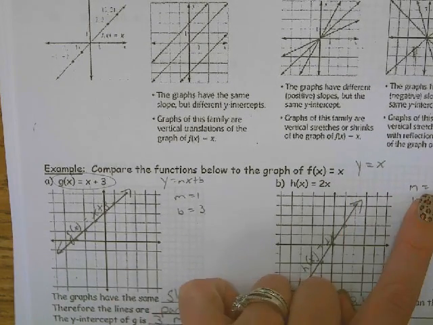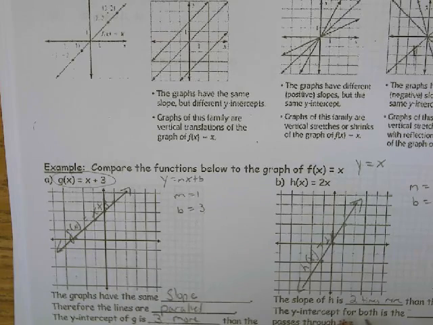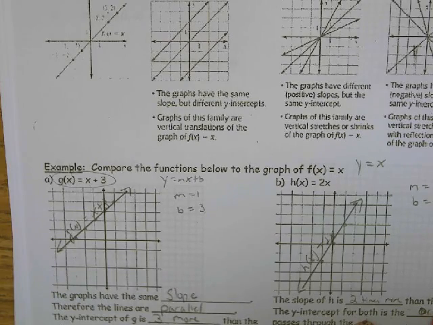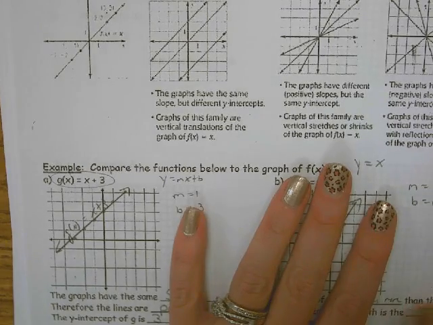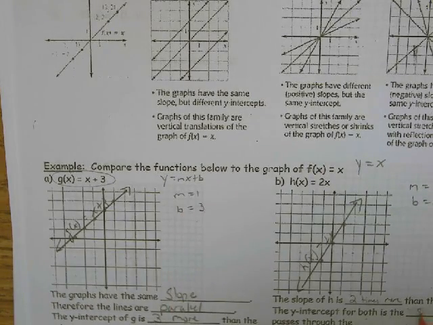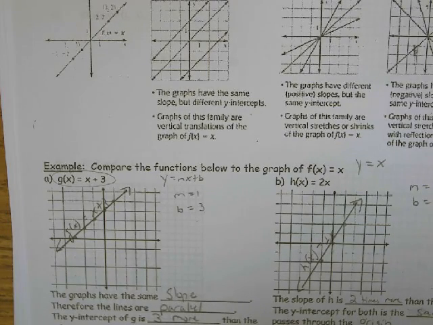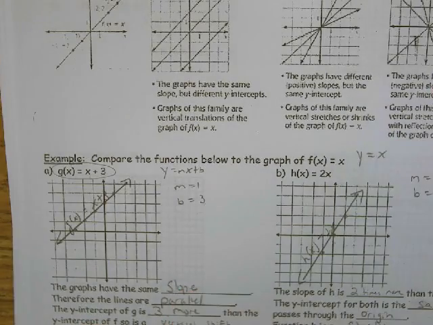The slope here is 2, so it's 2 times more. The y-intercept for both of them is the origin, or let's just say the same, and passes through the origin. Function h is a stretch of function f.